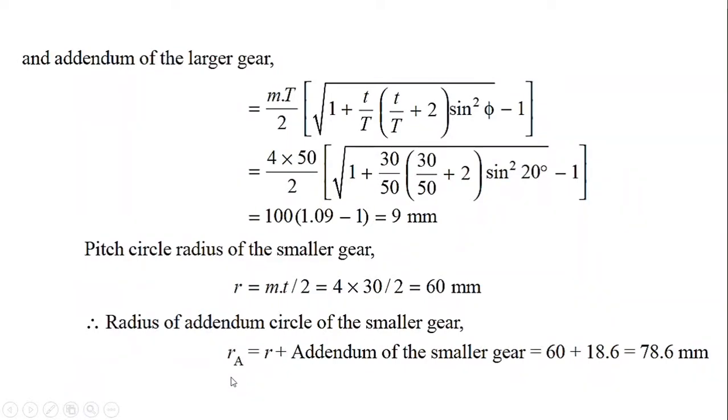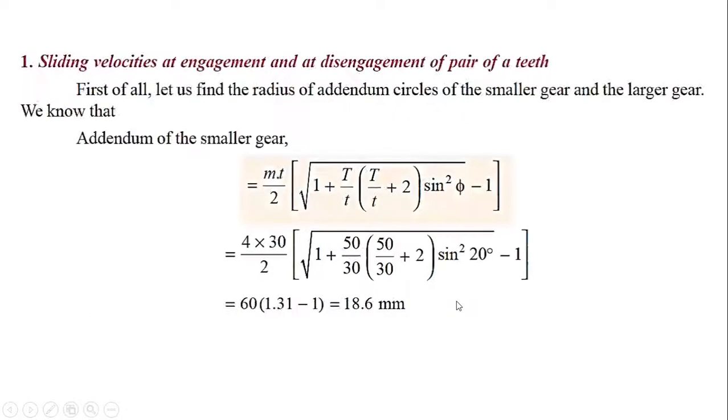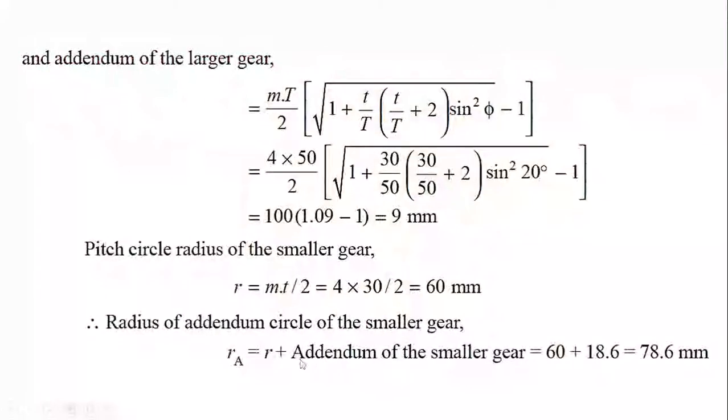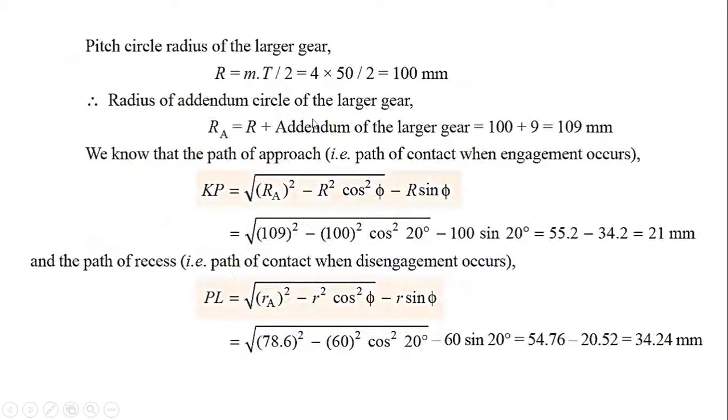The radius of the addendum circle of the smaller gear is Ra equal to r plus the addendum of the smaller gear. The addendum of the smaller gear is 18.6 plus the radius of the smaller gear is 60. Apply these values and we will get Ra. Similarly, we will find capital RA and capital R.